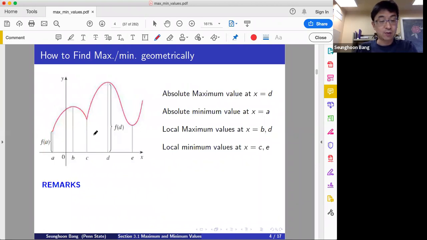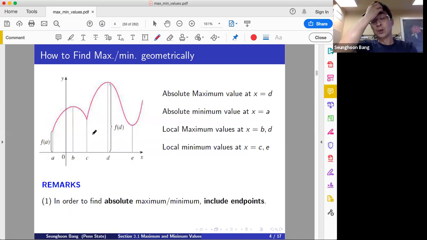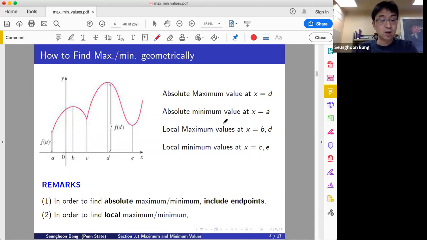Be really careful with this remark. In order to find the absolute maximum and absolute minimum, include endpoints. Here the right endpoint and the left endpoint, we have the absolute minimum. That's no problem. But in order to find the local maximum and local minimum, exclude endpoints.